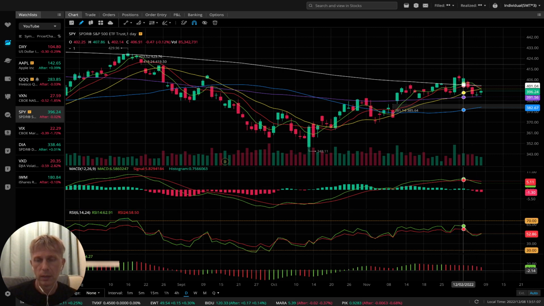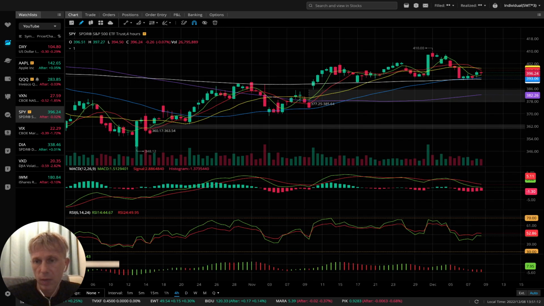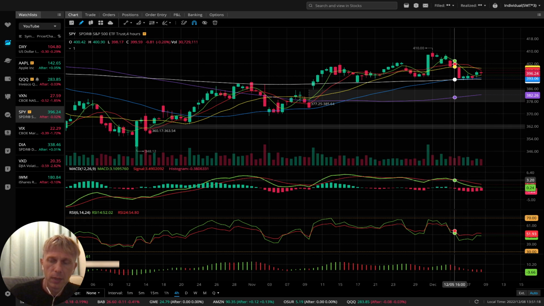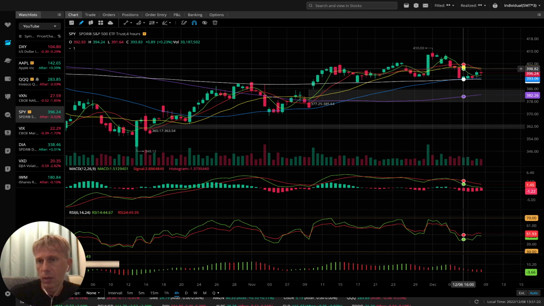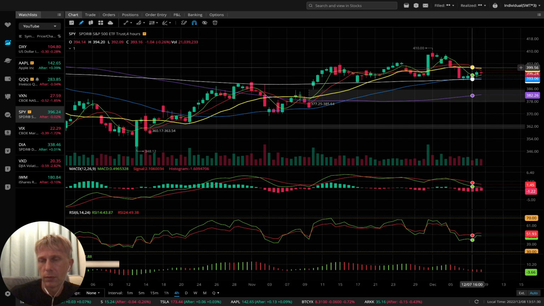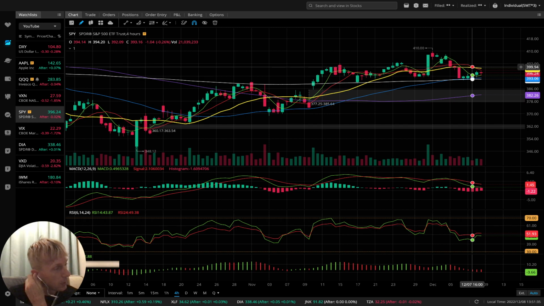Let's check 4 hours for SPY. Still MACD bearish crossover, still bearish trend. RSI bearish and also oscillator bearish. The last bar is above MA5, 50, 200 and 100, but below 10 and 20. Still bearish trend.